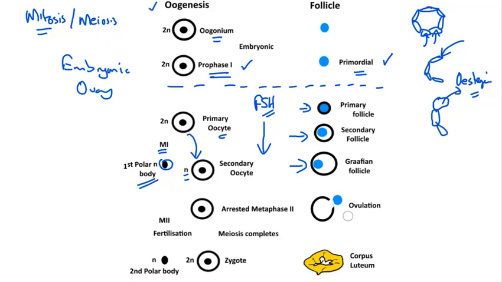At that stage, with the secretion of luteinizing hormone, the follicle will burst and will release into the oviduct the secondary oocyte. The secondary oocyte has now progressed in its development and is now actually stopped at metaphase 2 of meiosis.